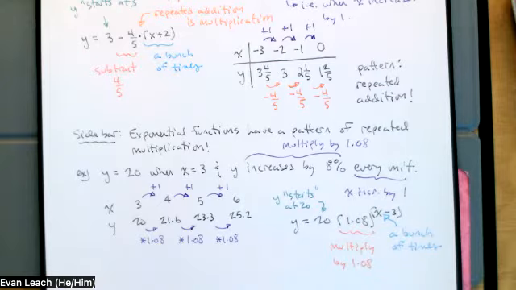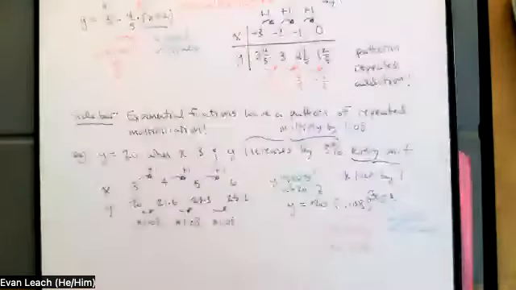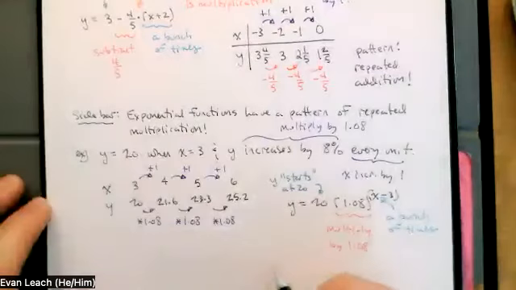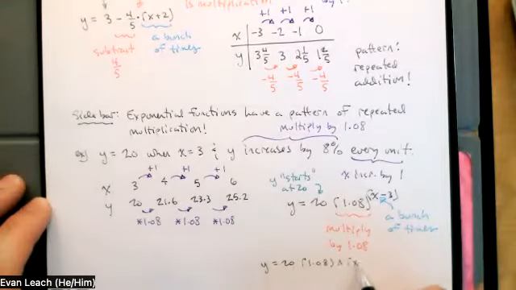Is that okay? I should have gone, since this is in parentheses, with some single line syntax: 20 times 1.08 to the x minus 3.